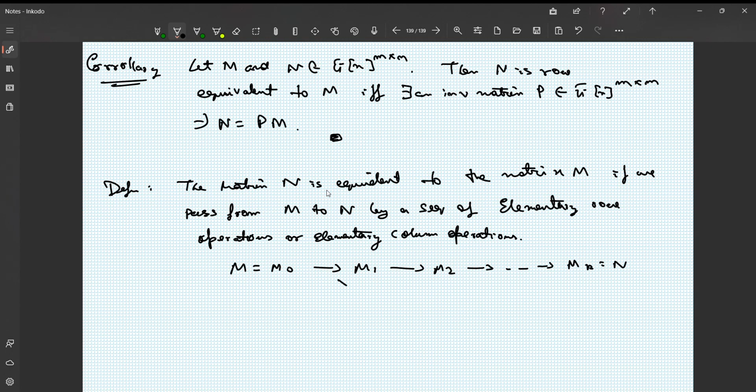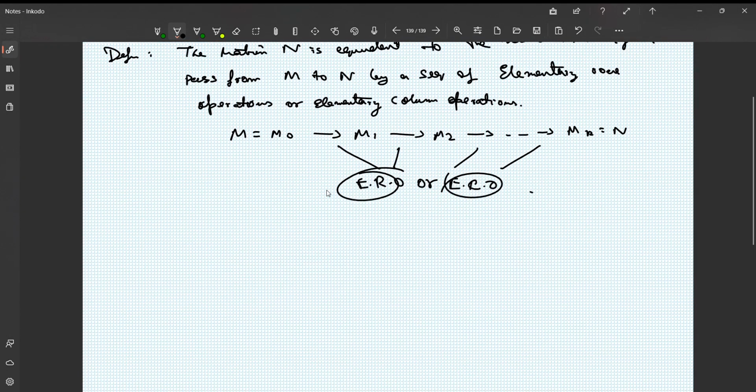For example, you start with M, let this be M naught, you go to M1, you go to M2, and so on. You reach some Mk and you get N. Each of them is either an elementary row operation or an elementary column operation. Clear?